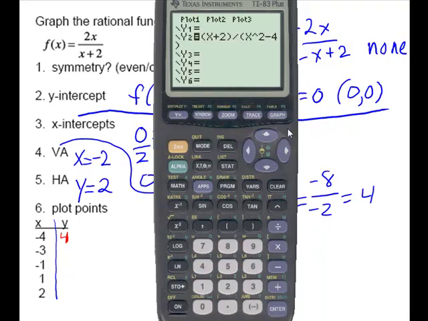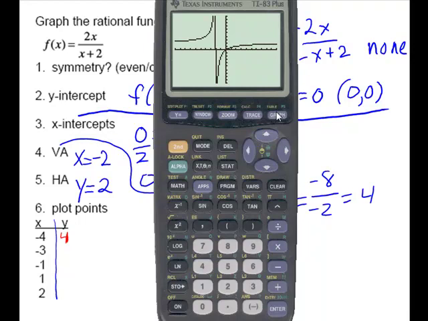So if y equals, and I had one in here, so let's clear it. I want parentheses 2x, close parentheses. So I want that whole thing over the whole denominator. Now put the denominator in parentheses: x plus 2, close parentheses, enter, graph.